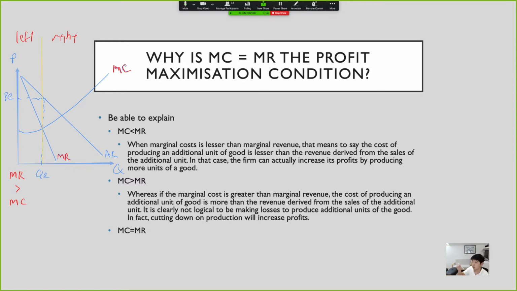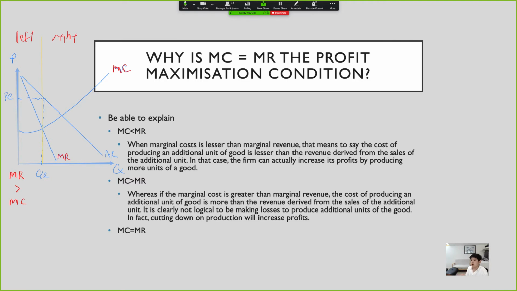Numerically speaking, in terms of numbers, because the marginal revenue curve is on top of the marginal cost curve, that means all the numbers of the marginal revenue curve are greater than the numbers of the marginal cost curve. Mathematically, do you all agree with my saying? You agree, right? Now, that means to say this. Let me translate this into English. Let me translate the graph into English.